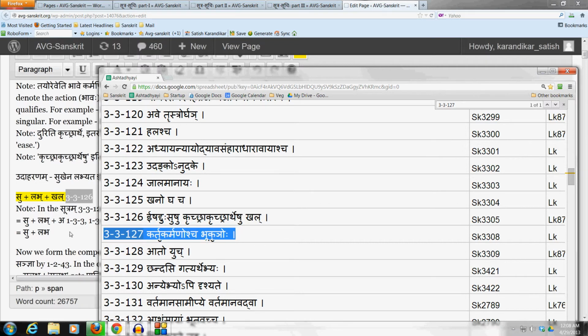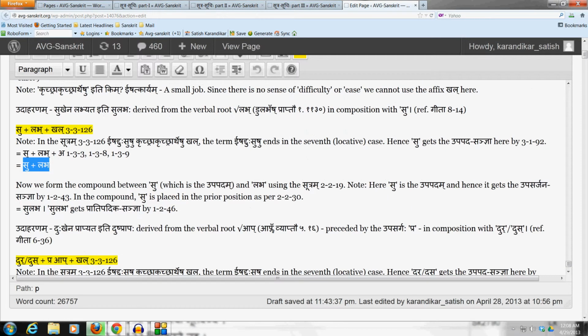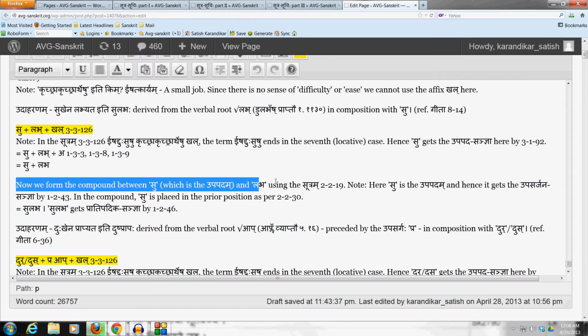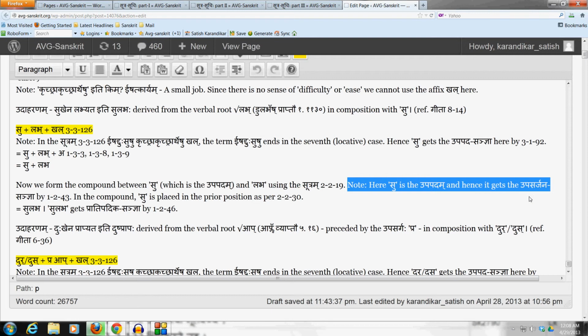Okay, what we have now is su labh, which is su plus labha. Now we form the compound between su, which is the upapadam, and labha using the sutram 2.2.19, upapadam atin. These steps we have done many times, so we don't have to go into detail again here. Now here su is the upapadam and hence it gets the upasarjana sanya by 1.2.43.